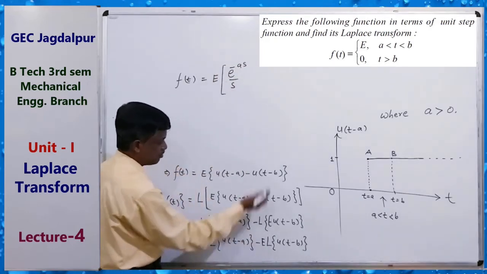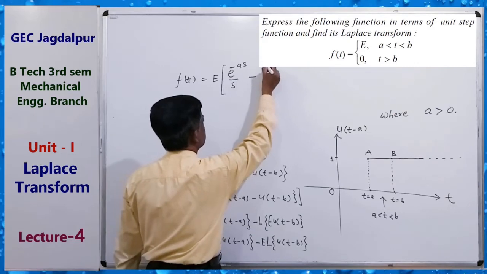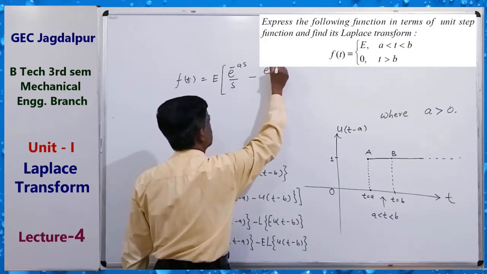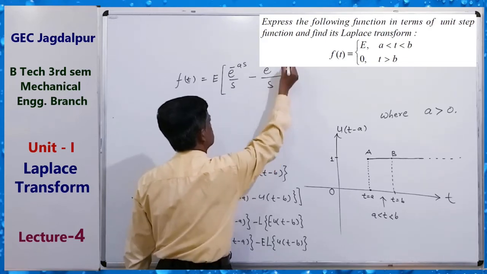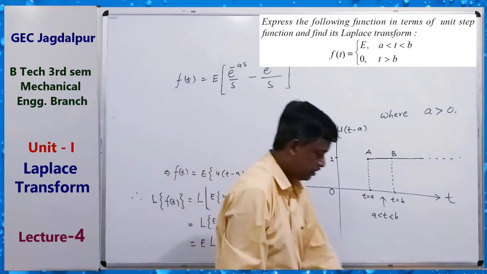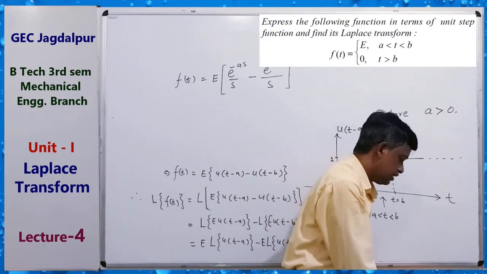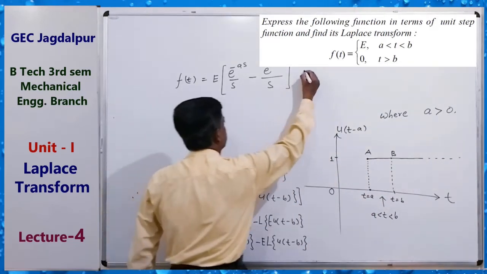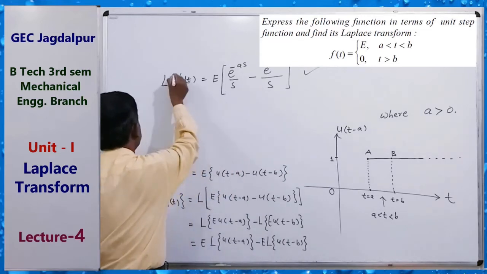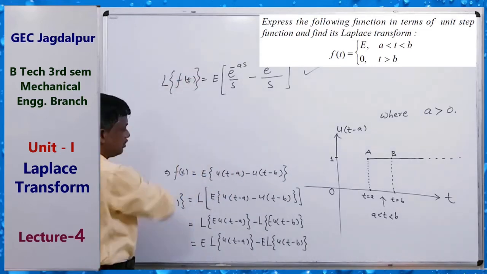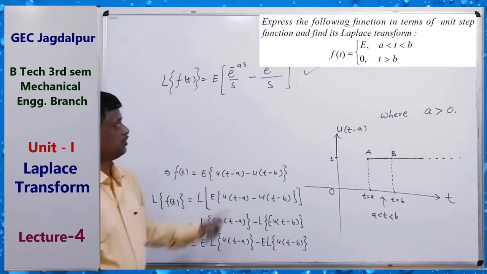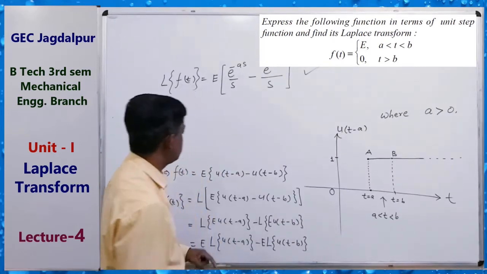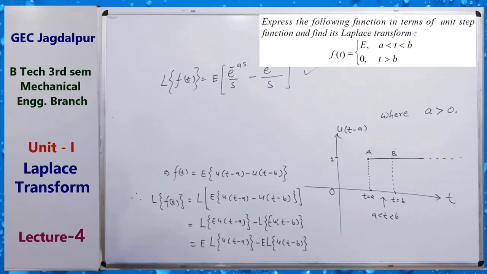Similarly, E common, so minus E e to the power minus bs upon s. Okay, so this is the Laplace transform of the given function. First of all you have to convert the function in terms of unit step function, then find the Laplace transform.